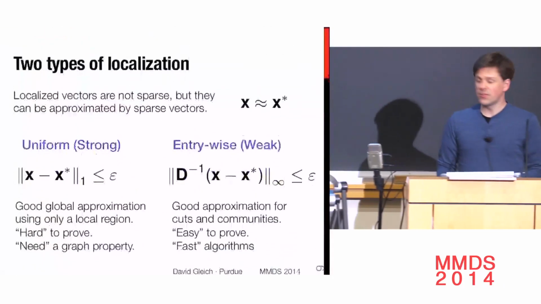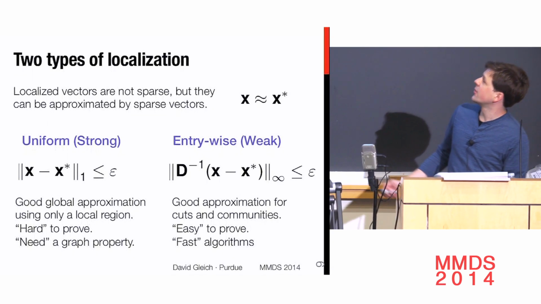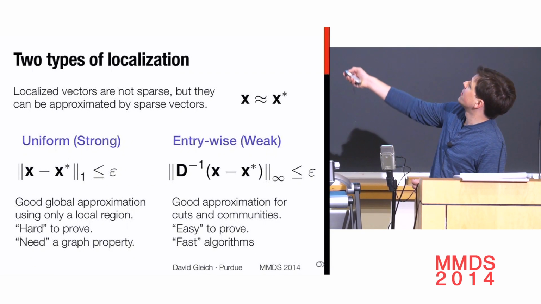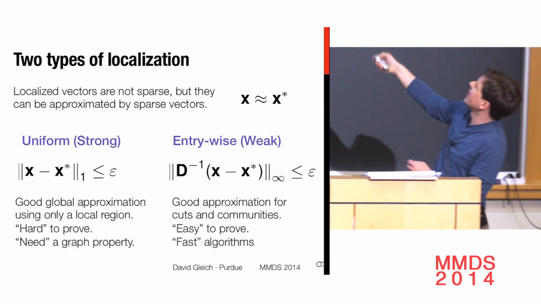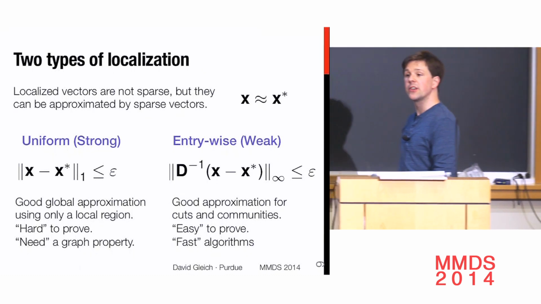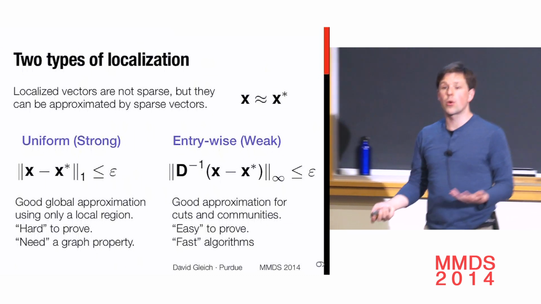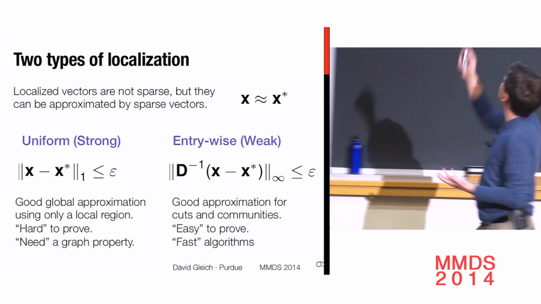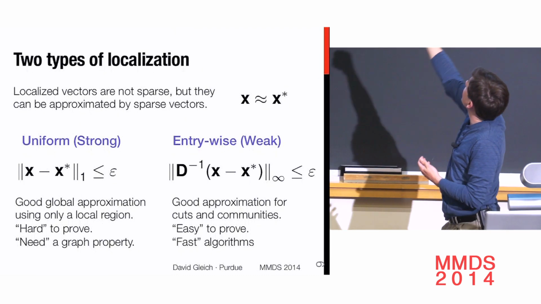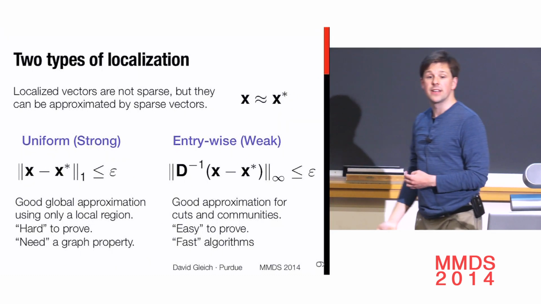There are two types of localization. Most of the talk is going to focus on what we're going to think of as an entry-wise localization metric. This involves what you call a good approximation of this vector. Here it's an infinity norm, and it's actually an inverse degree weighted infinity norm.